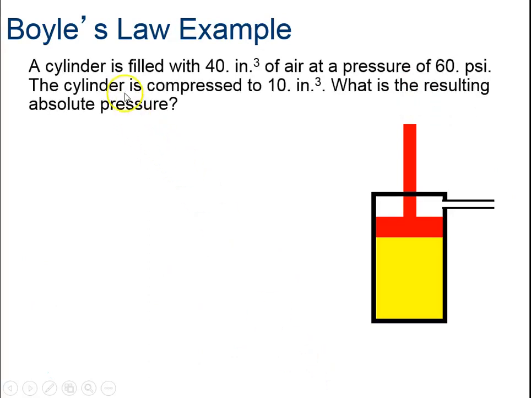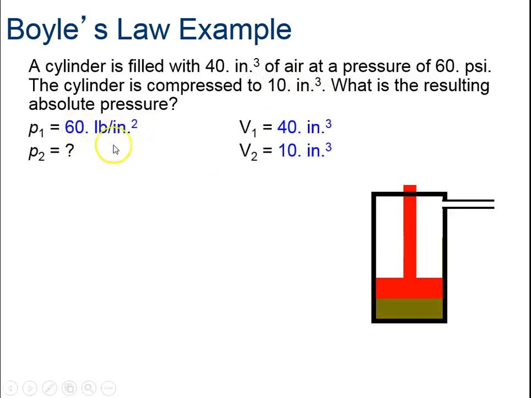So here's a problem and what it might look like. A cylinder is filled with this volume at this pressure, and then we compress it to a smaller volume, so it's the final pressure. Well, it's important to lay out what your variables are. Be sure you keep track of what your initial numbers are versus what your final numbers are. If you switch them, it's going to be wrong.